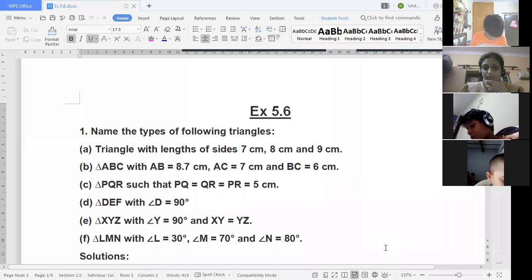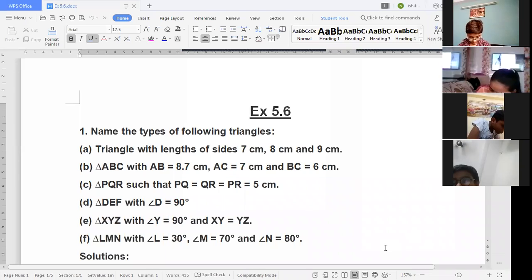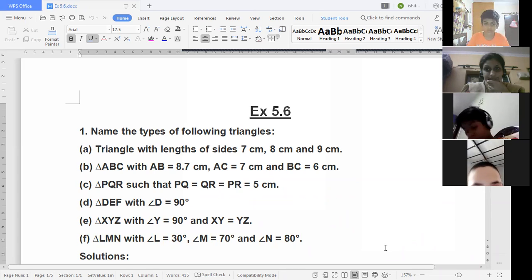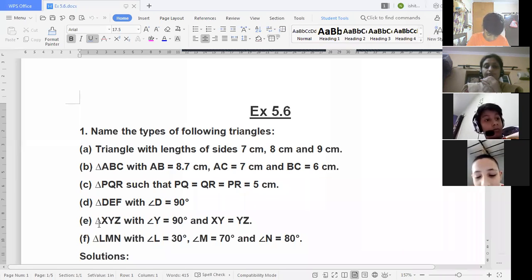Read the next part, beta. E part. Triangle XYZ, there is a triangle sign in front of XYZ, so you will say triangle XYZ with angle Y equal to 90 degree.